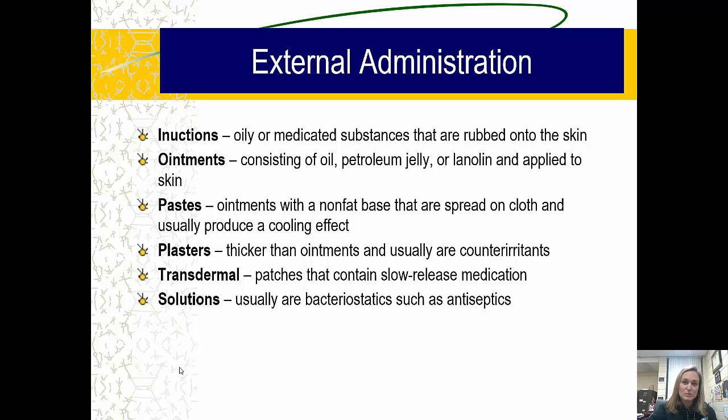There are also external administrations that we use in sports medicine and also general medicine. Injections, ointments, paste, plasters, these are all things that are basically put on the skin that you might use onto the surface of the skin. Certainly if you're trying to target the dermis, that's great.